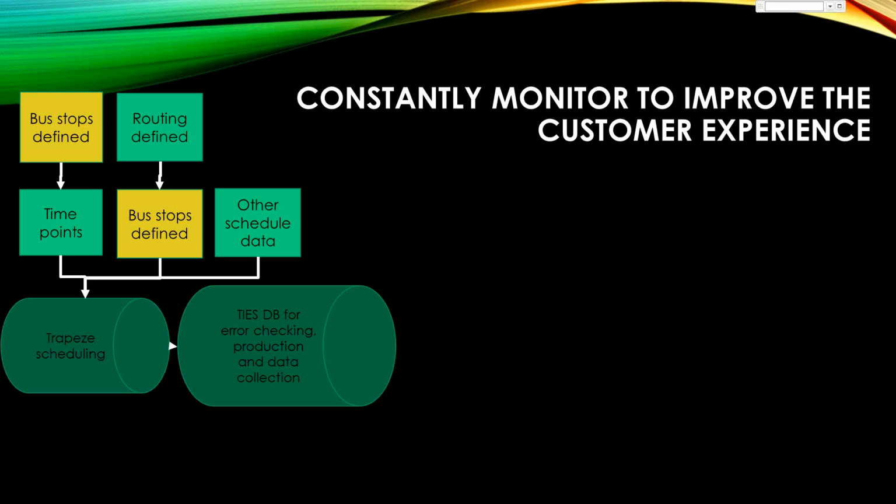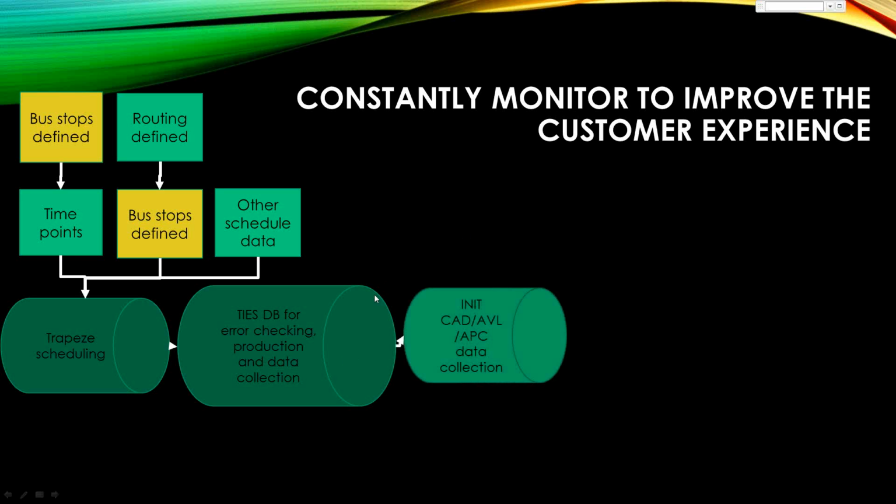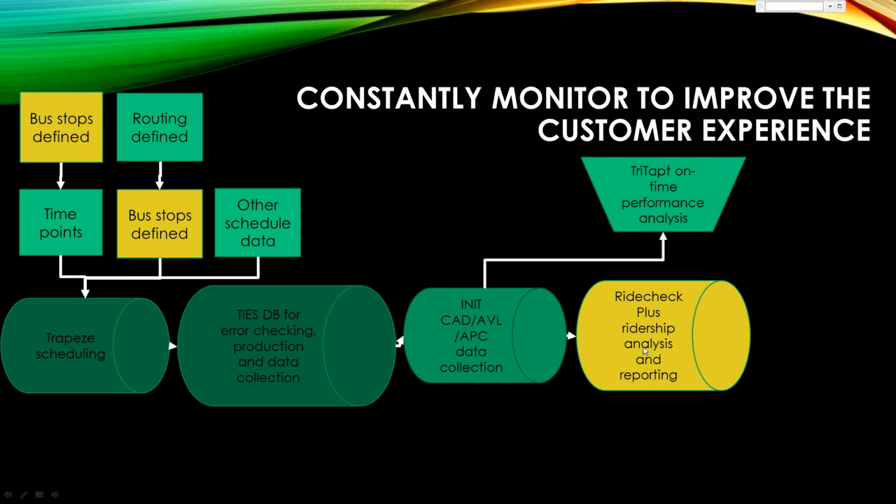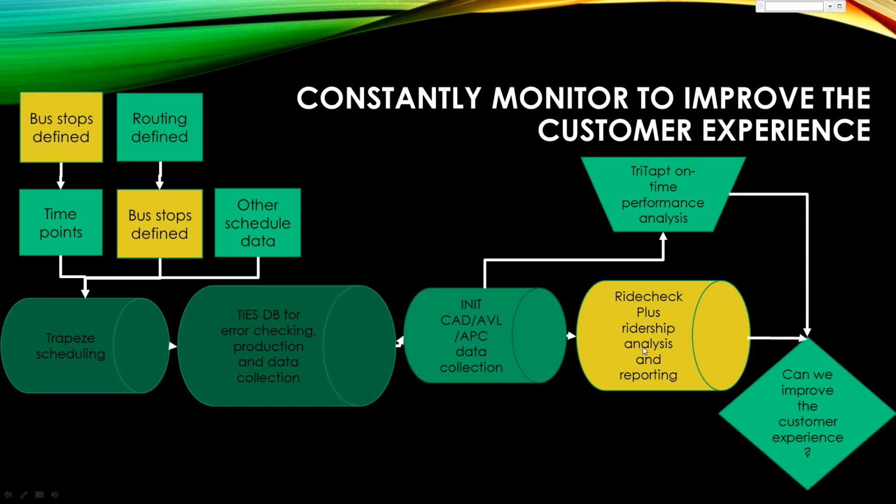After this step, and what's kind of implied between this and the next one, is that the bus actually goes out and collects the data, and the data then rolls up into our INIT CAD-AVL and APC data collection system. And then it rolls into our RideCheck Plus database that I talked about earlier for our people to do analysis and reporting.